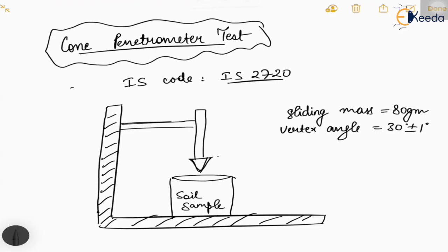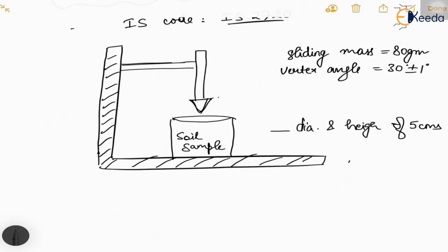Further, the sample of soil is to be tested in a cylindrical vessel, whose diameter and height are both around 5 centimeters. It is placed below the penetrometer. Further, how much time do we allow this penetration to happen?